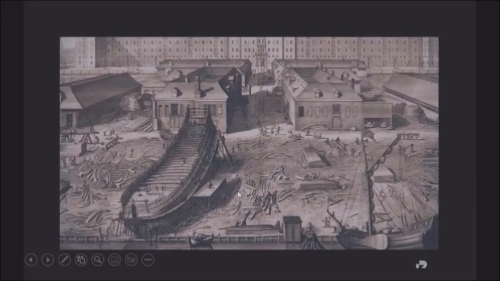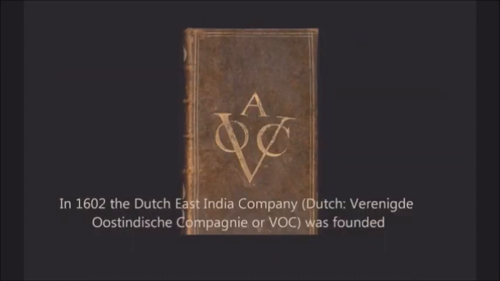In Northern Europe, trade was being dominated by a new form of technology, new forms of ships that were being created to dominate the seas in a very different way. In 1602, the Dutch East India Company was founded. This turns out to be a very significant event, not only in European history, but in world history. And the reason is this: it's the first joint stock company in modern history.